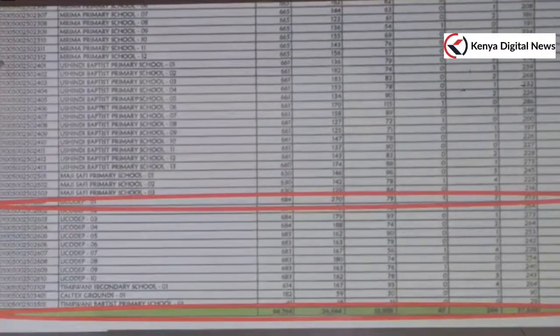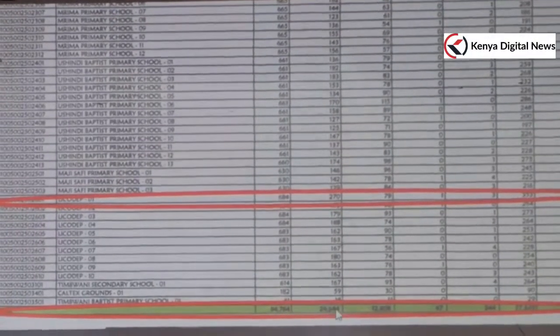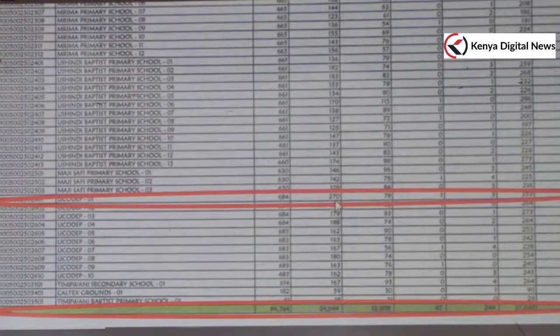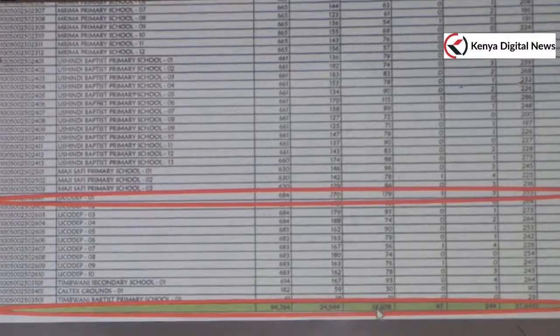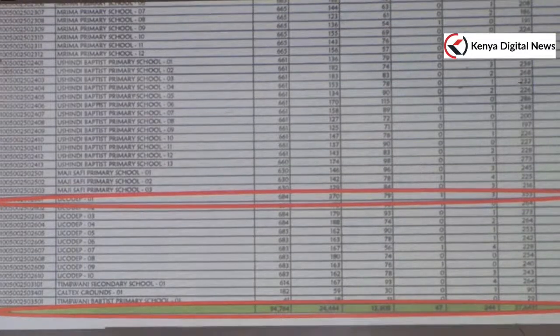So you can easily see that the 100 has been taken from these two, and the 100 added here has been added at 179. And it's only in this one polling station, which is station number 1 in a stream of 10 polling stations, which were not touched. Only one of them was touched, and the change was there.